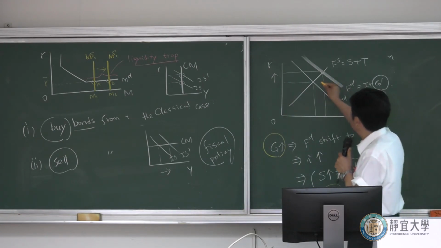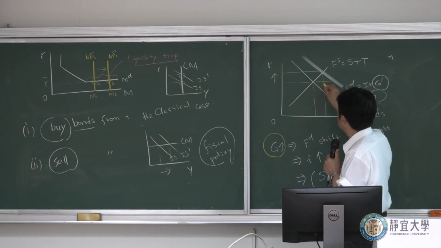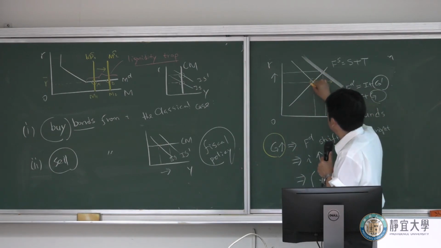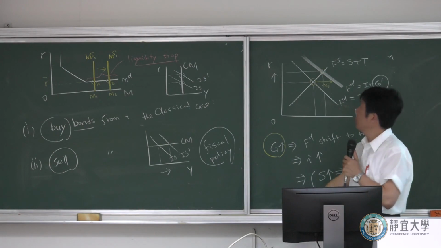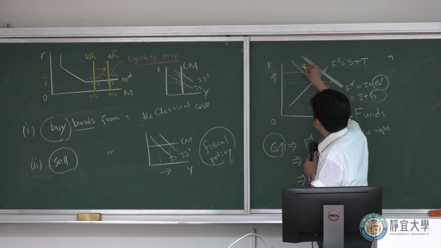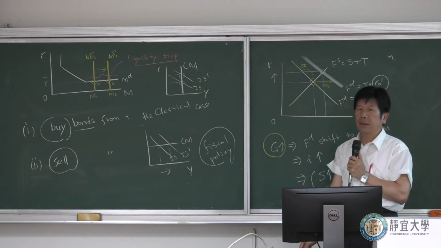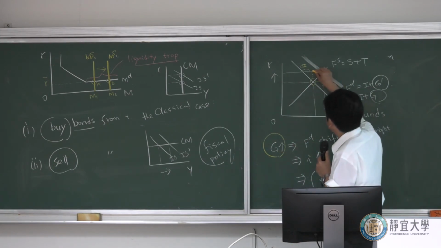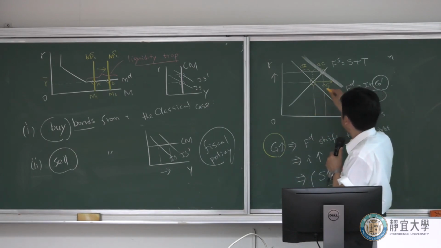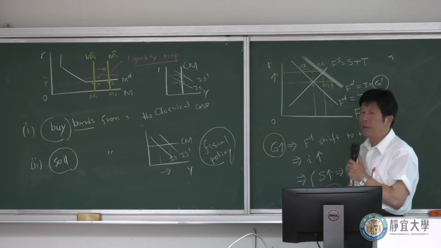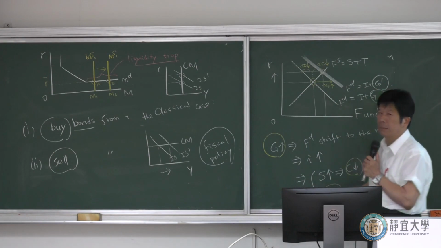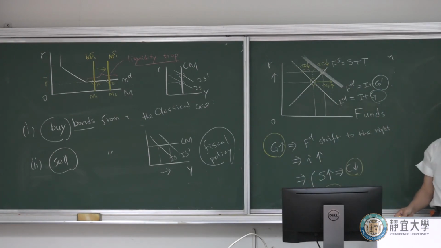This area represents delta Z. But after that, this area represents the investment decrease, and this area represents the consumption decrease.